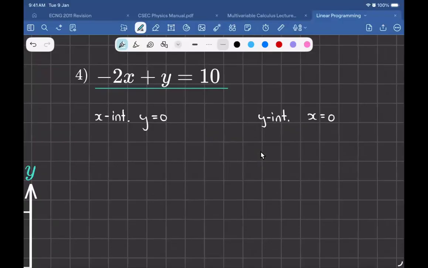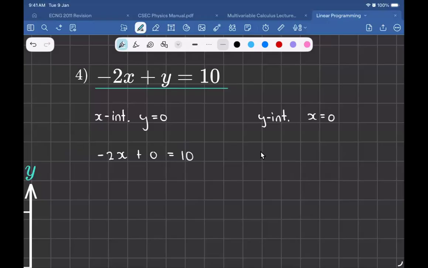Okay, minus 2x plus 0 is equal to 10. What next?